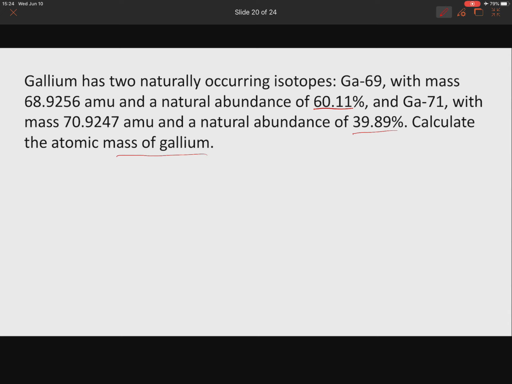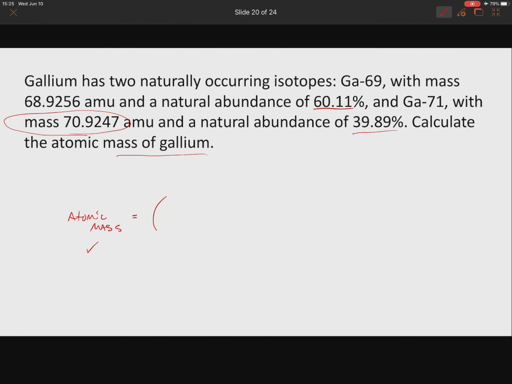But what I could give you is I could actually ask you for the mass of, let's say, gallium-71. And you would have to work backwards. You would have the atomic mass already. Check.